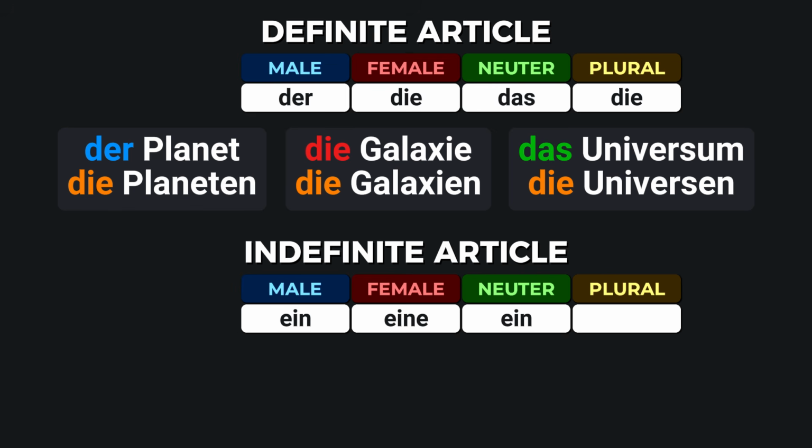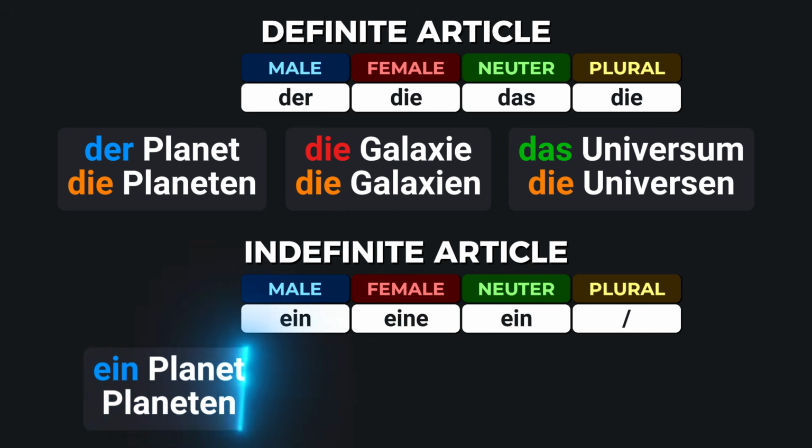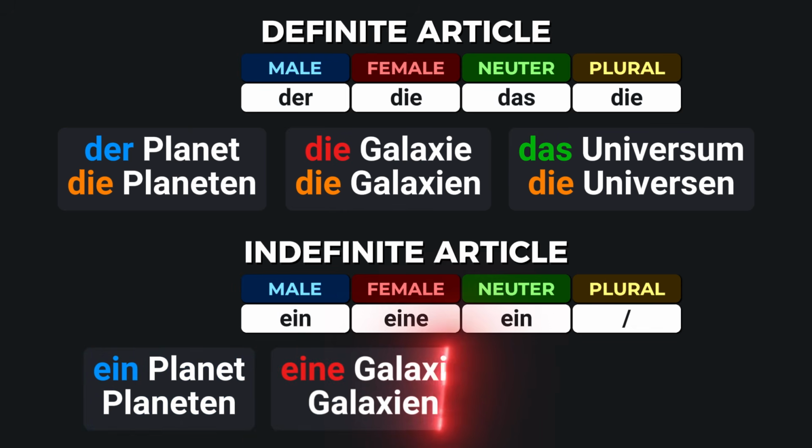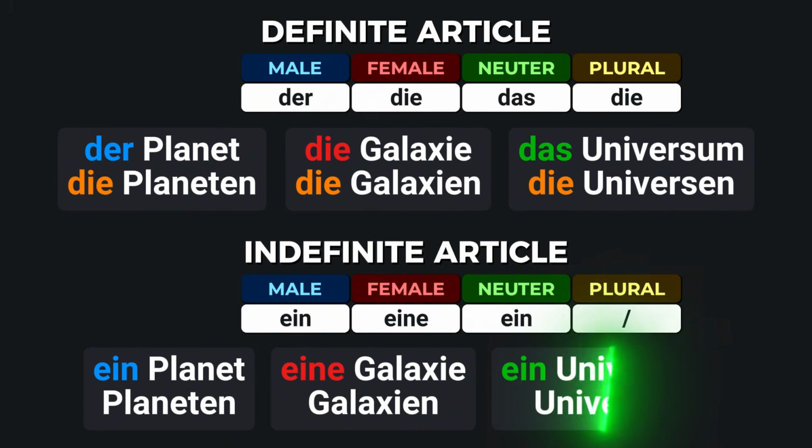And now some good news. If you have an indefinite noun and want to make it plural, you don't need to put any article in front of it, exactly like in English. You just need to use the plural form of the noun itself. Ein Planet, Planeten. Eine Galaxie, Galaxien. Ein Universum, Universen.